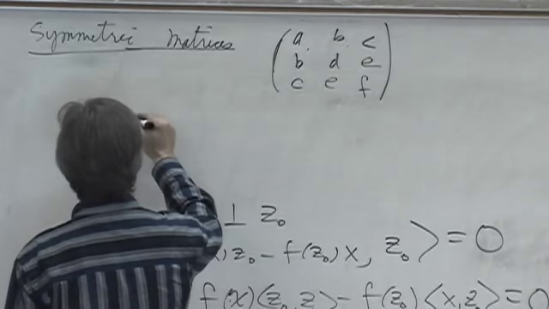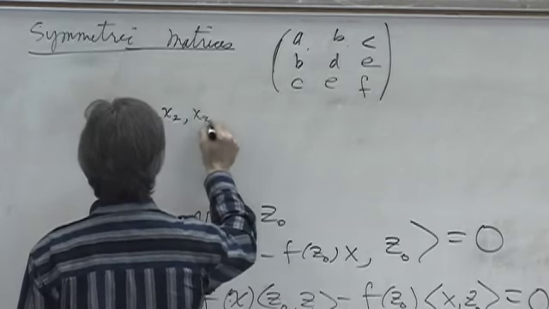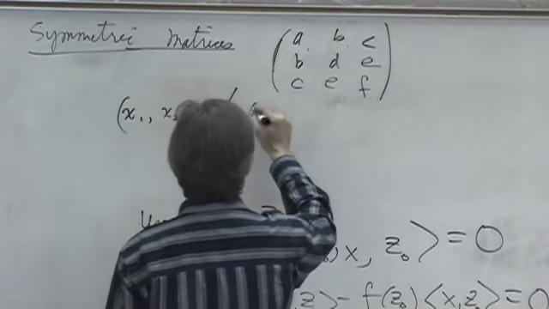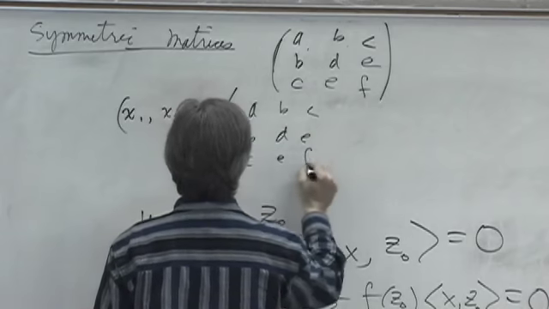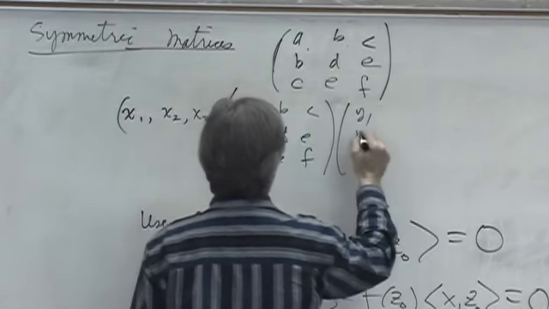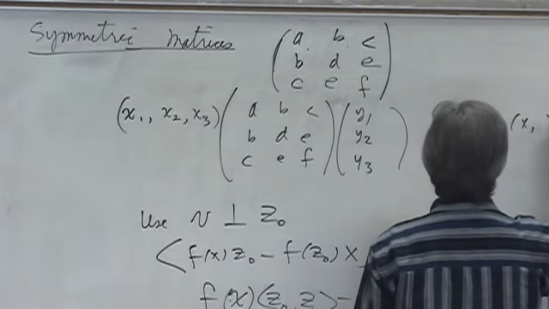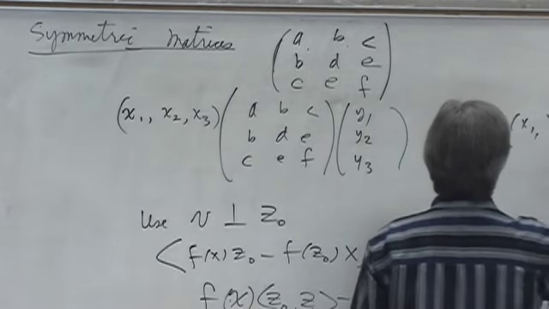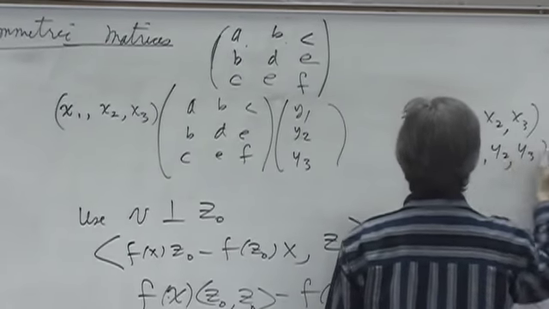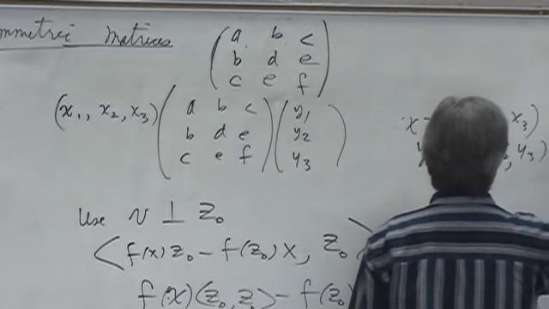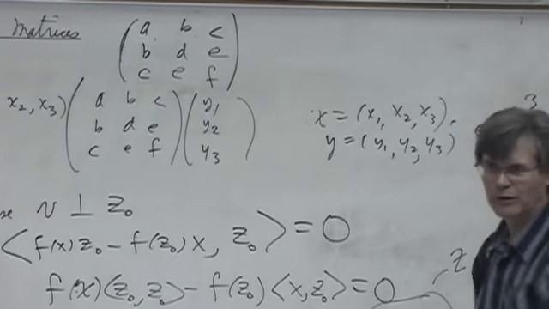That is, if I take x1, x2, x3 and do matrix multiplication with A, B, C, B, D, E, C, E, F, and then y1, y2, y3, this is just for x equals x1, x2, x3 and y equals y1, y2, y3, good old elements of R3, the real case.